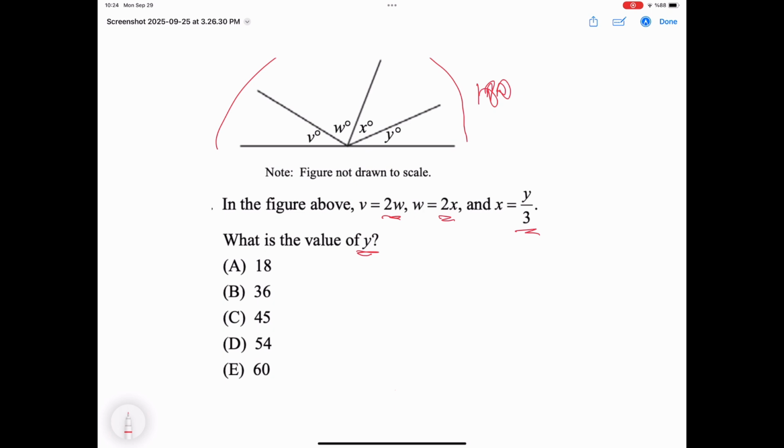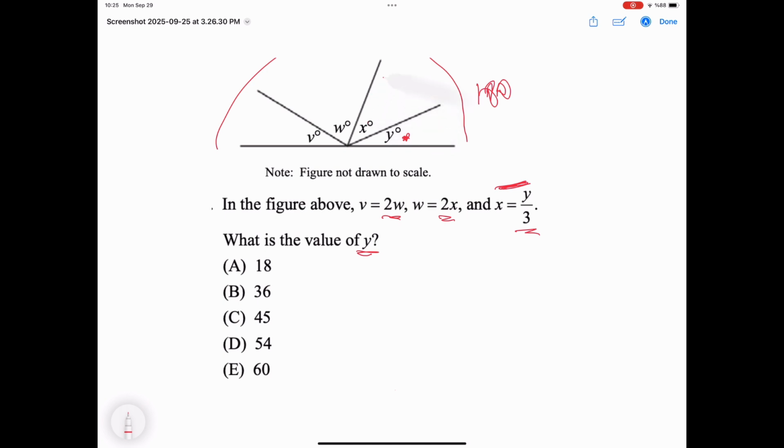Okay, then we need to transform all these letters v, w, x to y. So we need to write them in terms of y. Then we should start with this part, because we know how many y is an x. So y is y, so we leave this part alone.